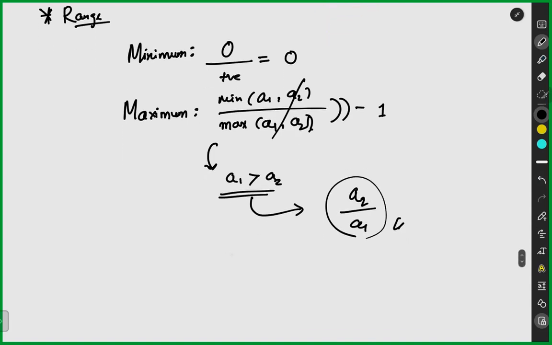If the opposite happens, A1 less than A2, then it will be A1 by A2, also a fraction.